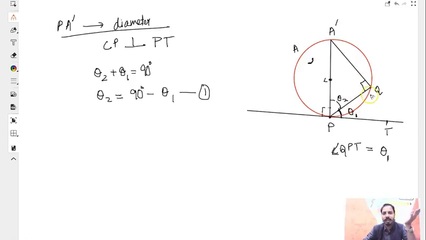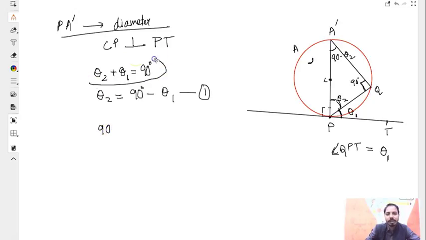Okay, now let me see what is this angle. Just now we have learned that if this is a diameter, the angle which it subtends on the circumference is 90. So if this angle is 90, guys, what is this angle? From the angle sum property of a triangle, this angle should be 90 minus theta 2, because this angle is theta 2.